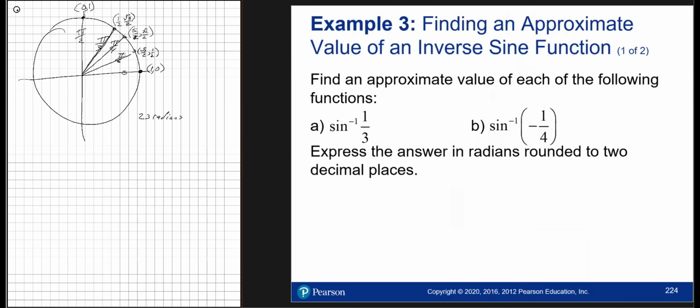So here they're asking for the approximate value. Now, in the calculator, let me see, I got this one here. The TI-83 calculator.